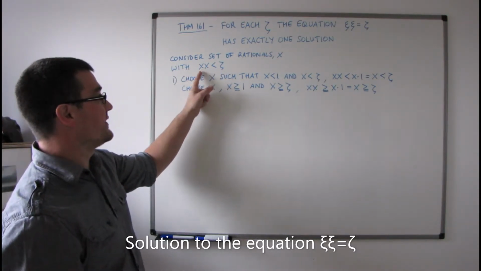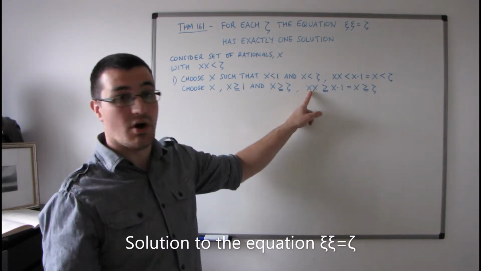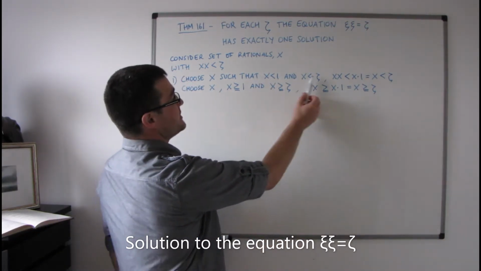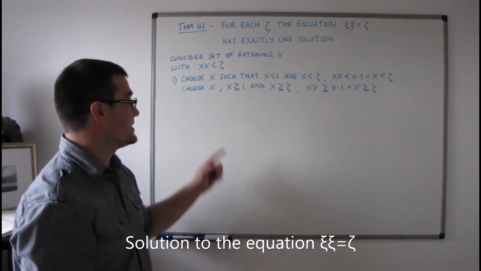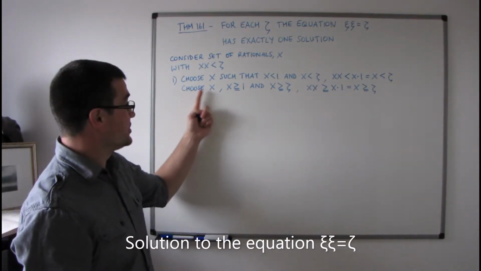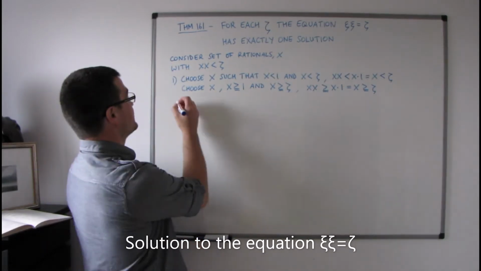That doesn't satisfy this criteria here, therefore this x is not going to be in our set. So the first line here shows that this x, so chosen, is in our set. This shows that the x chosen in the second case is not going to be in the set. So we've got the first part done.